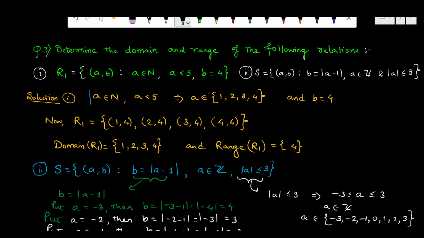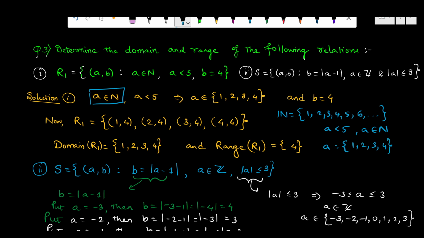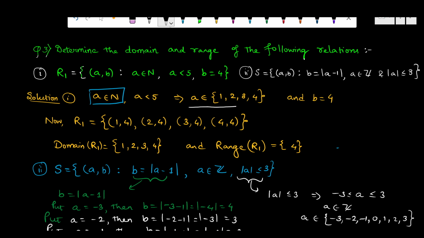Now a belongs to natural numbers, and we know the set of natural numbers starts from 1, 2, 3, 4, 5, 6 and so on, right? So a is less than 5, means a is equal to 1, 2, 3 up to 4, right? This same statement is over here also. Yes, a belongs to 1, 2, 3 and 4 and b is fixed as 4.